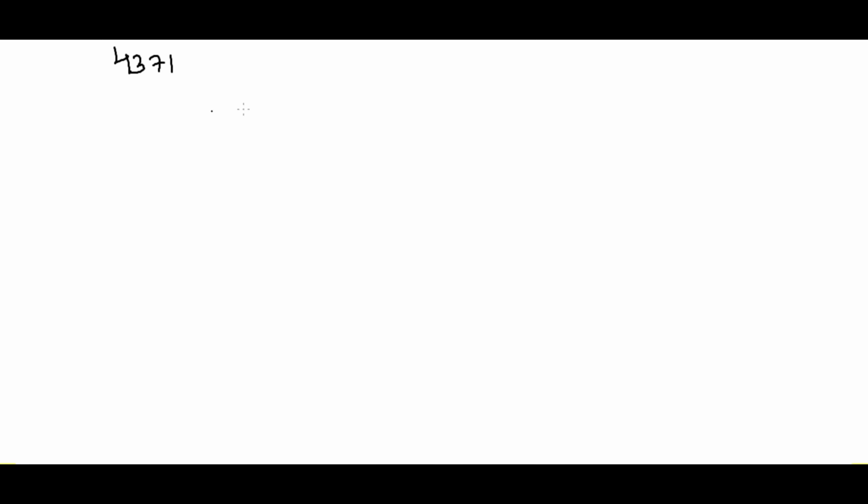To check its divisibility, I separate 437 and I separate 1, and this 1 I double and I get 2, and then I subtract it from 437. So what I get here is 435.